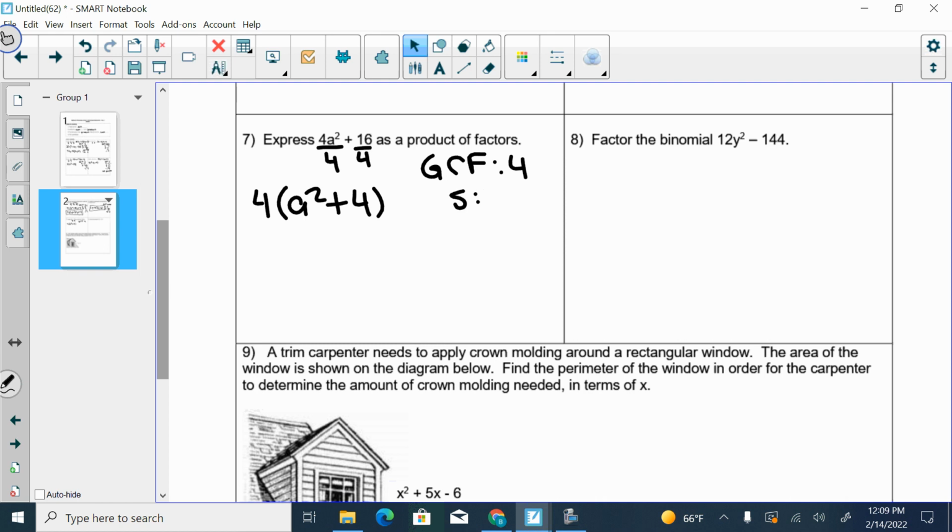Okay, so what's my sum? 0, right? What's my product? 4. Can you think of anything that multiplies to give you positive 4 and adds to give you 0?